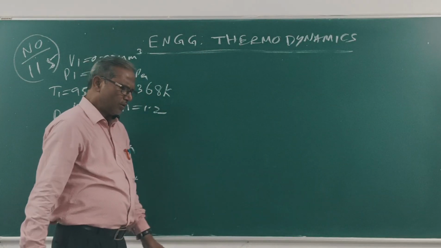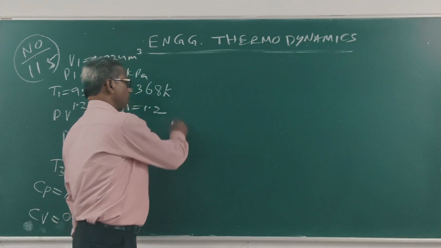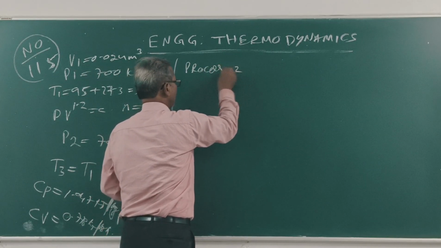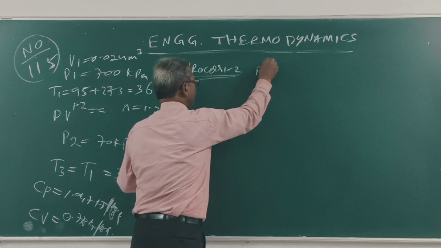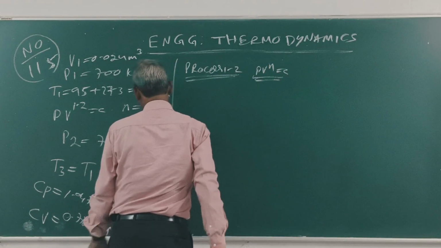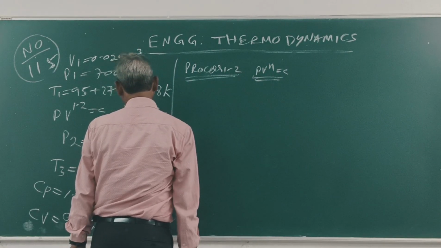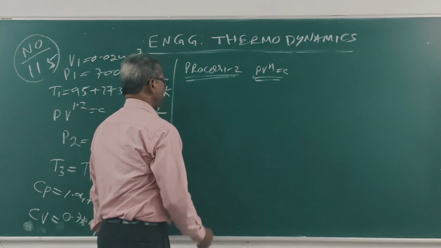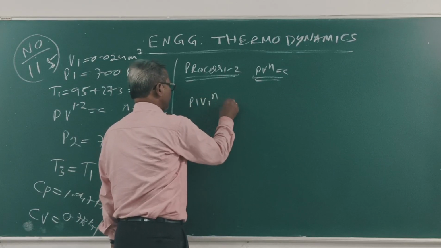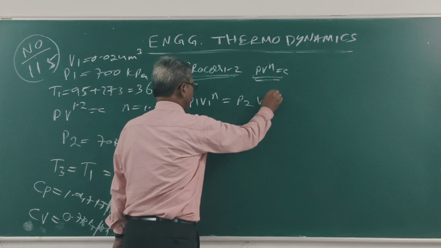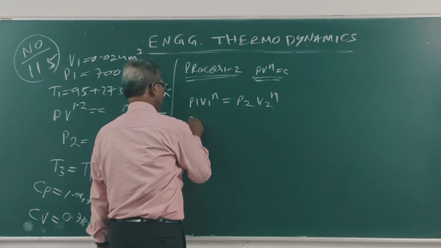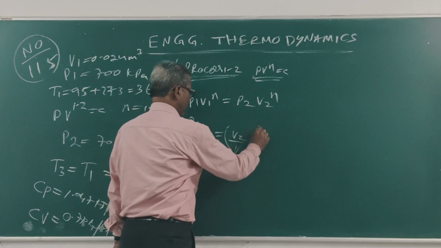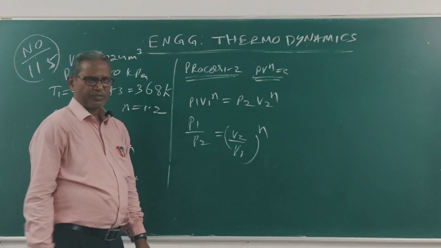Now, process 1-2. PV^n constant. We have P1, V1, T1, P2, not V2, not T2. Now, P1 V1^n is equal to P2 V2^n. So P1 by P2 is equal to V2 by V1 to the power of n. Clear?